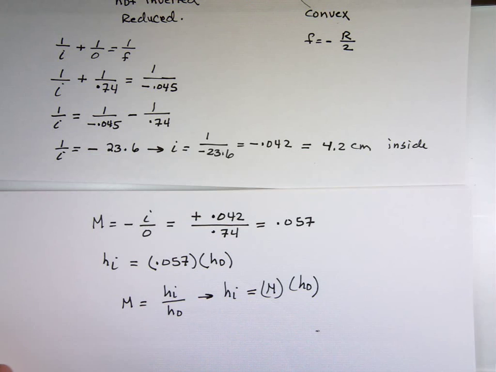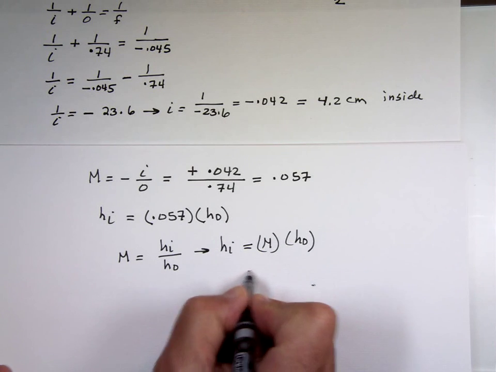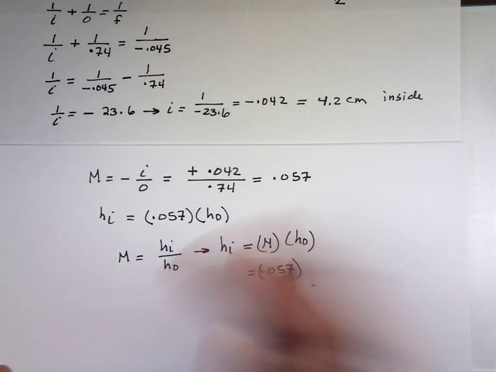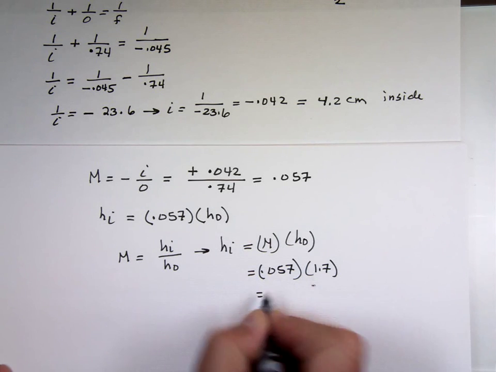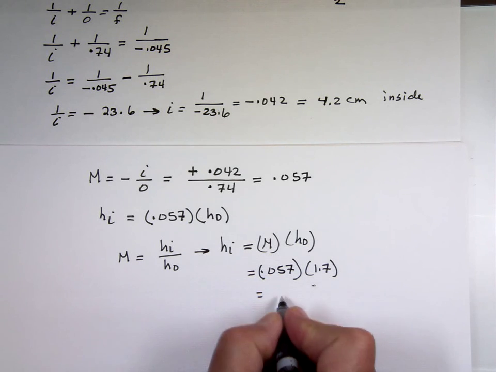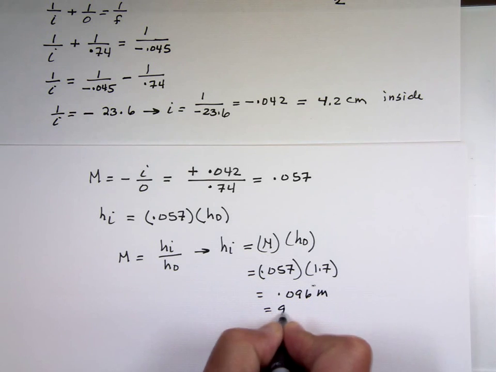I thought they wanted the magnification. They don't want that. So we know the magnification is 0.057. How tall was the object, how tall was the person? 1.7. And that's roughly 0.096 meters, which is 9.6 centimeters tall.